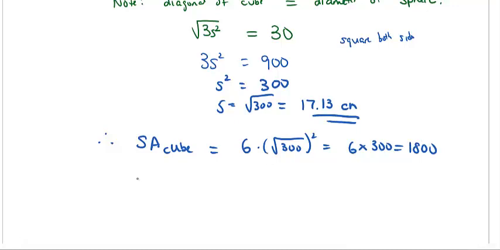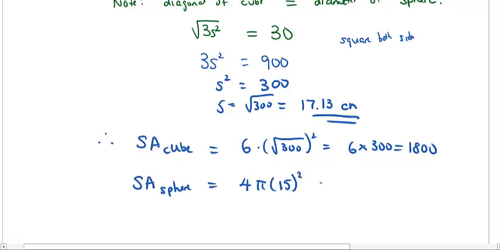Cool. And then I can also find the surface area of the sphere, because now I know r: 4 pi r squared. That just equals 900 pi.